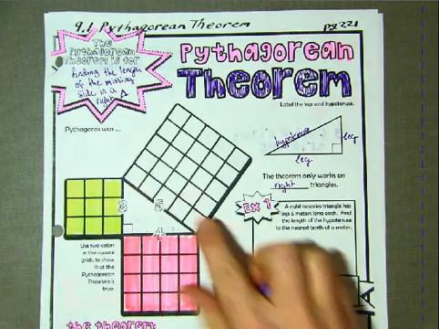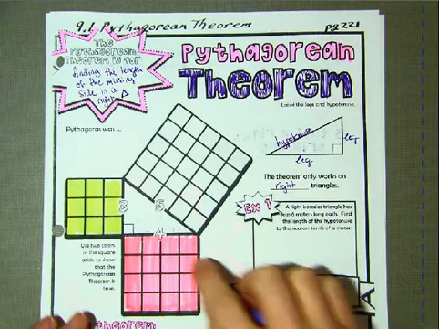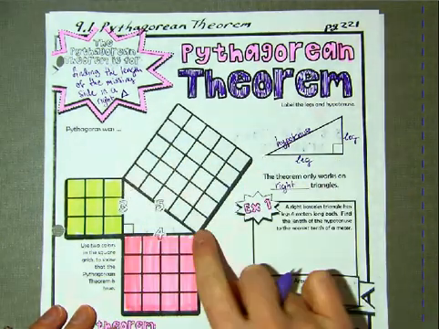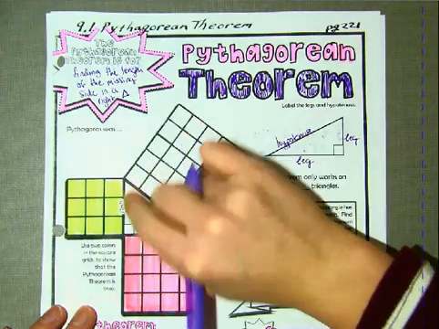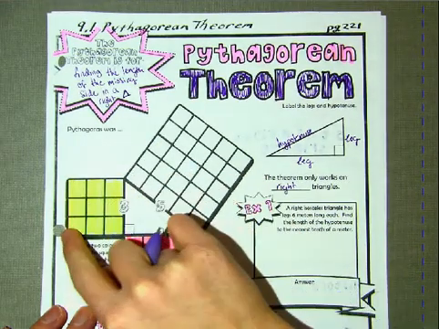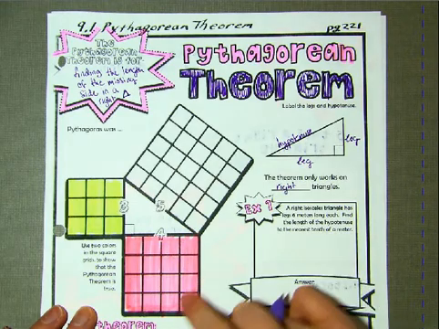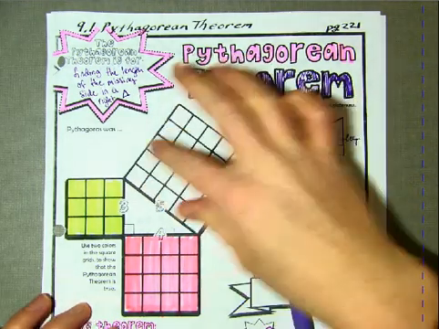And here, if we come over here and look at this diagram, we see that we have a right triangle in the middle, and off of each leg is a square. So if this side length is 3, 3 squared is going to give us a 9. So we have 9 blocks here. And then 4 squared is 16.